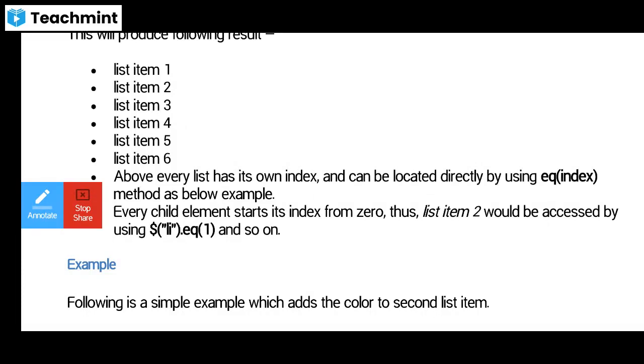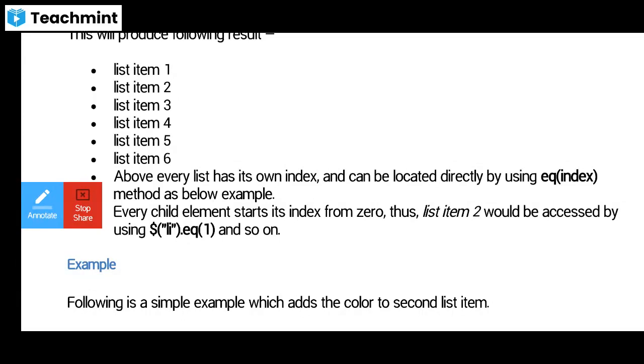So here is a child element. Child element is nothing but list item 1, list item 2, and list item 3. So these are all under the list. These are some of the child elements, and these child elements are going to start from the 0, the particular 0 element.